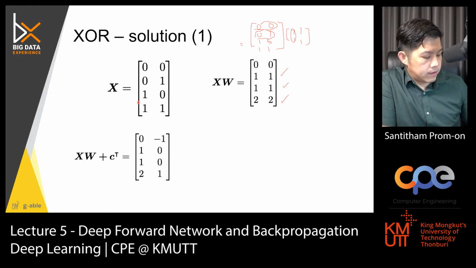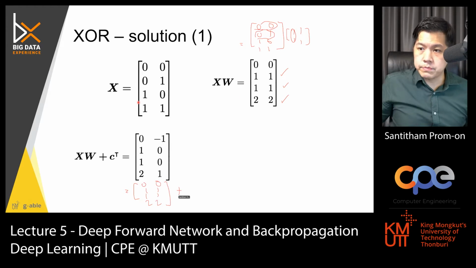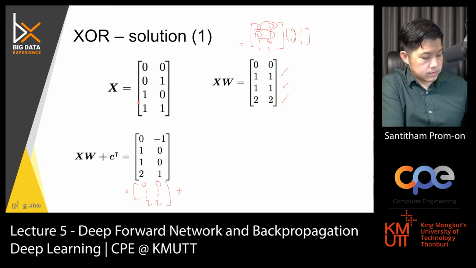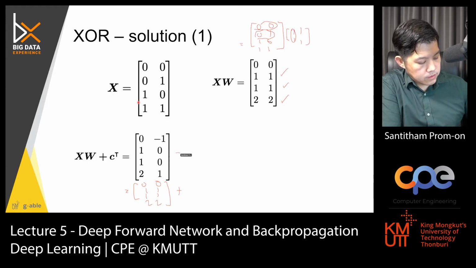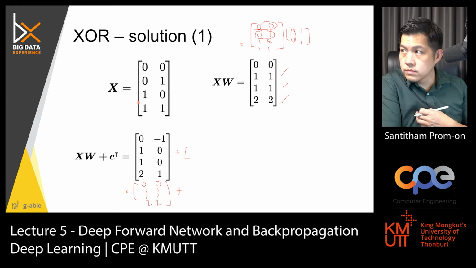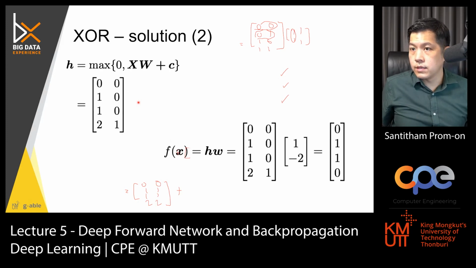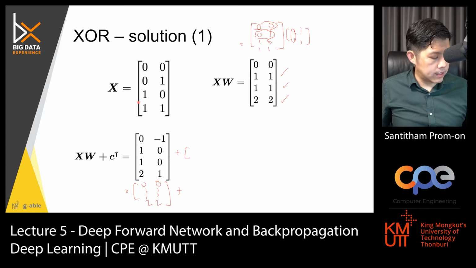Then this one is 0 0, 1 1, 1 1, 2 2 plus C transpose. Let's look at C. C is 0 and minus 1. Plus C, sorry, it's actually plus C, not C transpose.